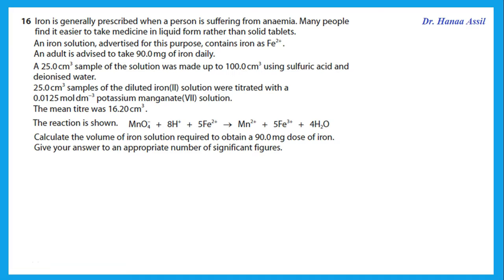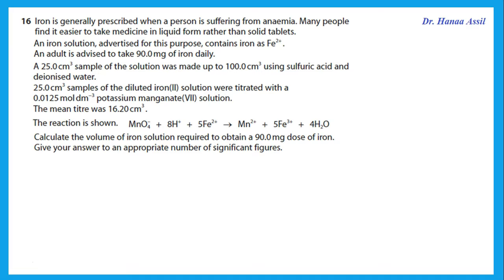So this is the original solution, 25 centimeters cubed. This was made up to 100 using sulfuric acid and deionized water, and then 25 of that diluted solution was titrated with potassium permanganate. Now the reaction is shown.